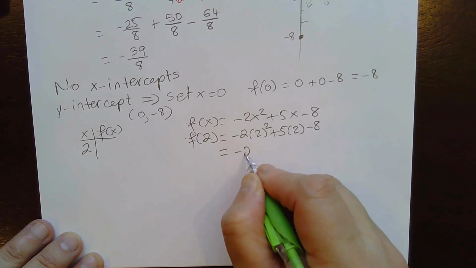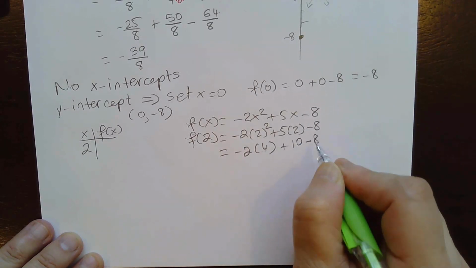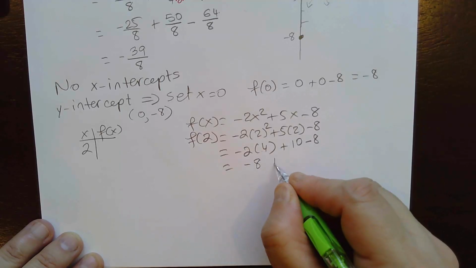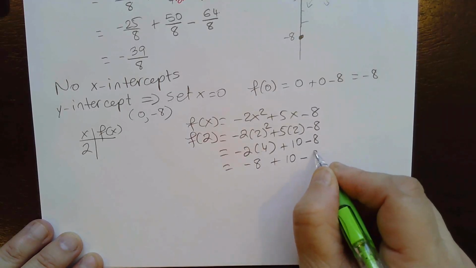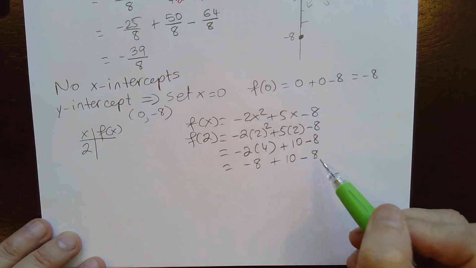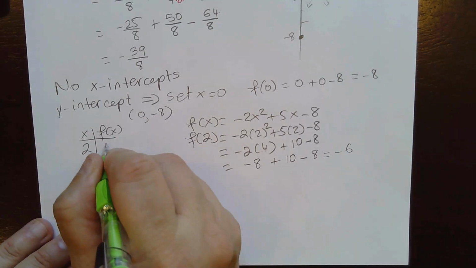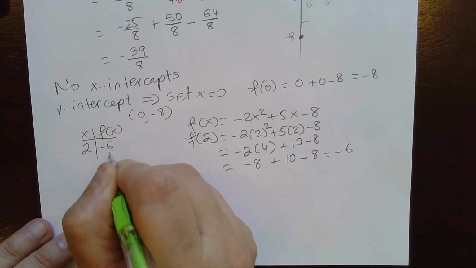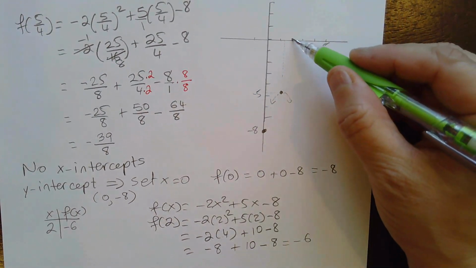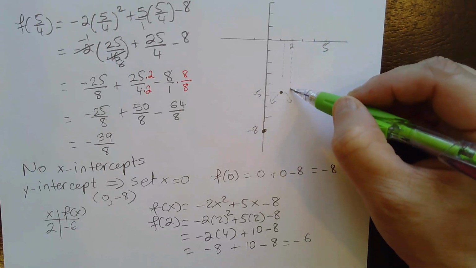That will give us negative 2 times 4 plus 10 minus 8. Negative 2 times 4 is negative 8, plus 10 is 2, minus 8 is negative 6. So when x is 2, f of x is negative 6. Okay, so (2, negative 6) is a point. Here's 2, and negative 6 is right there.